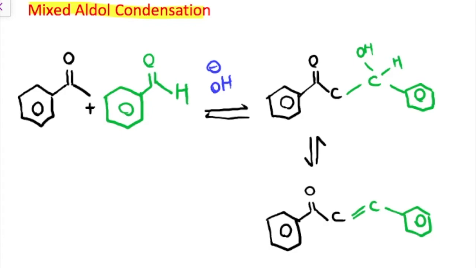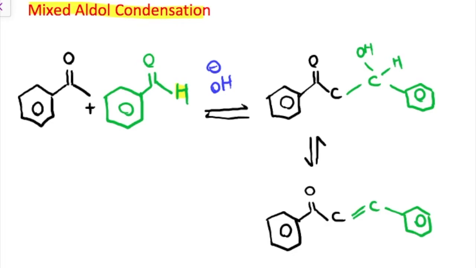Take a few seconds and see if you can identify all the alpha hydrogens. So benzaldehyde doesn't have any alpha hydrogen. Remember, the hydrogen of an aldehyde is not an alpha hydrogen.